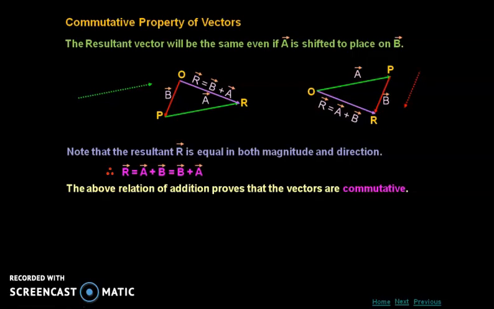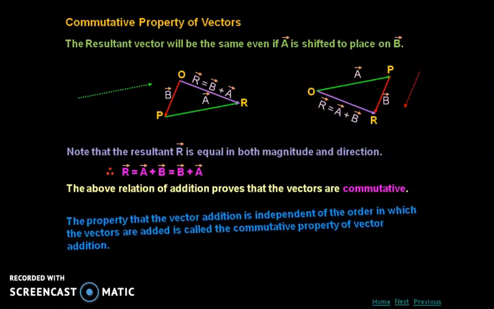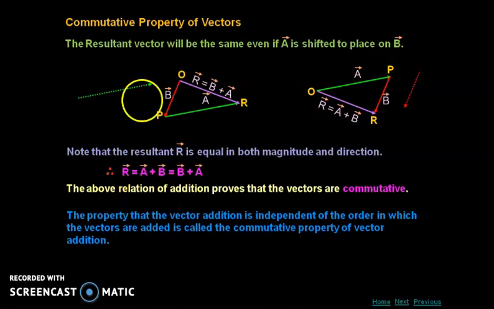Such vectors are known as commutative vectors. And what is this property? The property that vector addition is independent of the order in which the vectors are added is called the commutative property of vector addition. You can add a plus b, you can add b plus a, both are the same thing. So this is your commutative property.